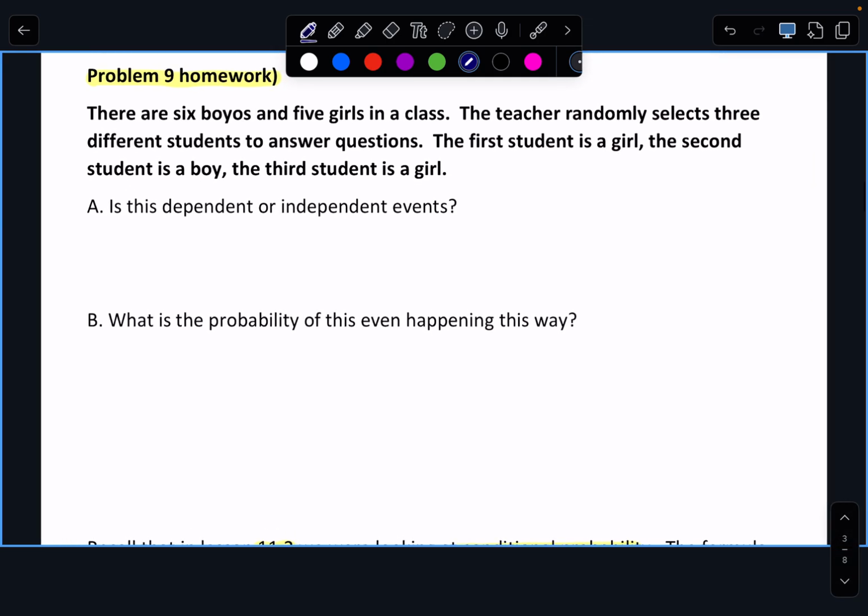Okay, read this one. This is problem number 9 off the homework. So once you get to the actual homework, you could say, did it on packet. There are 6 boys and 5 girls in the class. The teacher randomly selects 3 students to answer questions. The first student is a girl, the second student is a boy, and the third student is a girl. Is this dependent or independent?